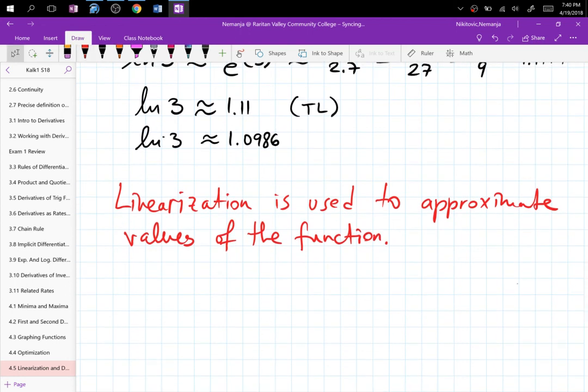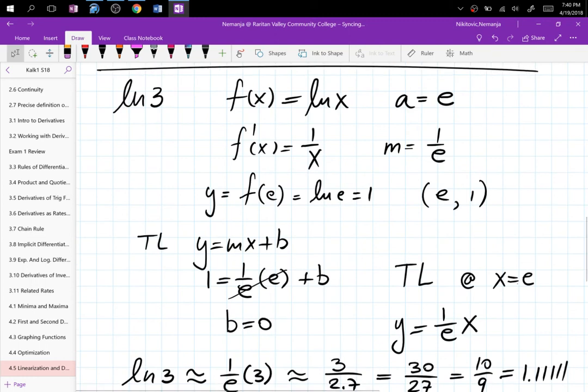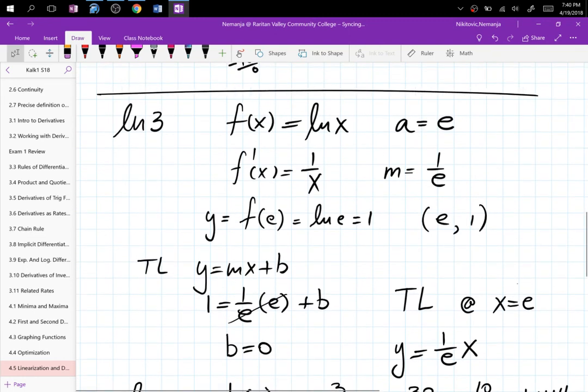What I'm going to do now is put the entire tangent line procedure in a single formula. Wouldn't that be nice? To take all of what you see on the screen right now, to take all of that procedure and put it in a single formula. We can do that.